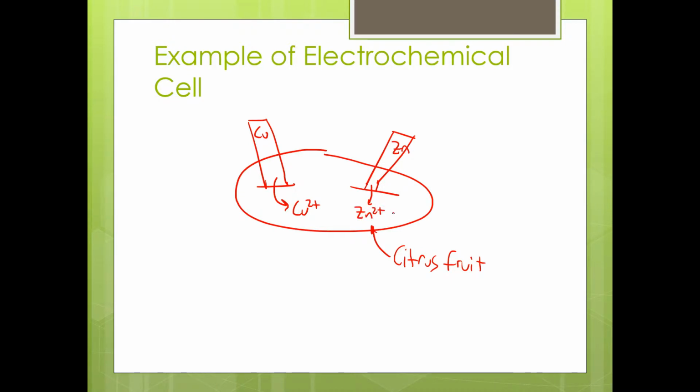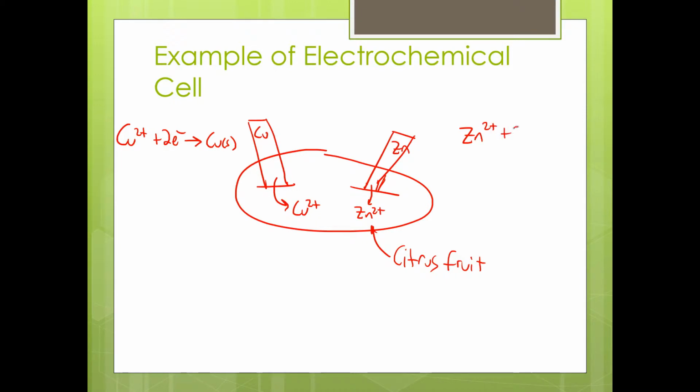When this occurs, this chemical reaction allows two things to happen. The copper ions have the ability to absorb electrons, and this will turn them into solid copper pieces. And the zinc ions can do the same thing.